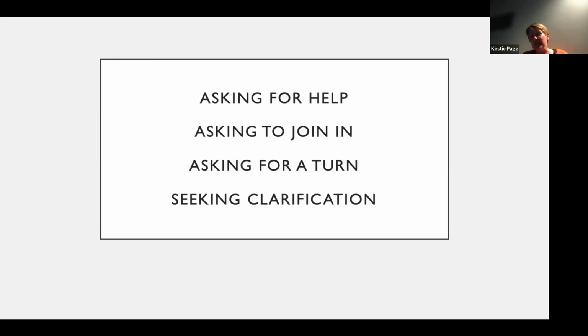And why do I need my children to be able to ask? I need them to be able to use language to ask because they will need to ask for help. First of all, help with their wet jumper, but also later on, help when they don't know what to do, or help when they're stuck with something.